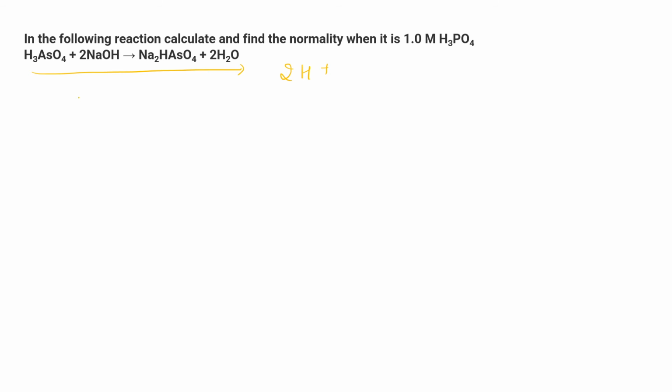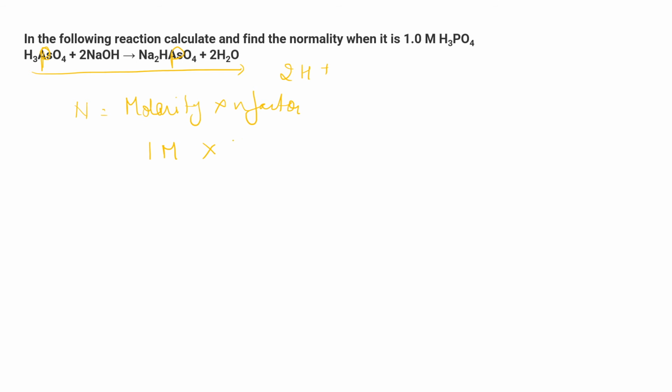So normality, it is basically H3PO4 that is there. Okay. So normality is defined as molarity into N factor. Molarity they have mentioned for phosphoric acid is 1 molar.